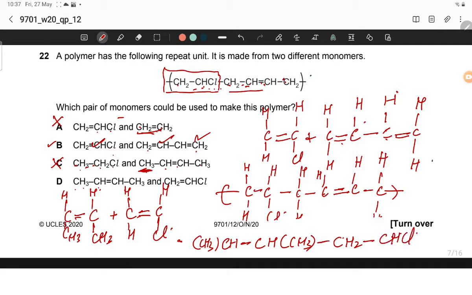So this is not like this. This polymer is not exactly like this molecule given in the question, so it is also not correct. B option is correct, which is similar to this molecule.